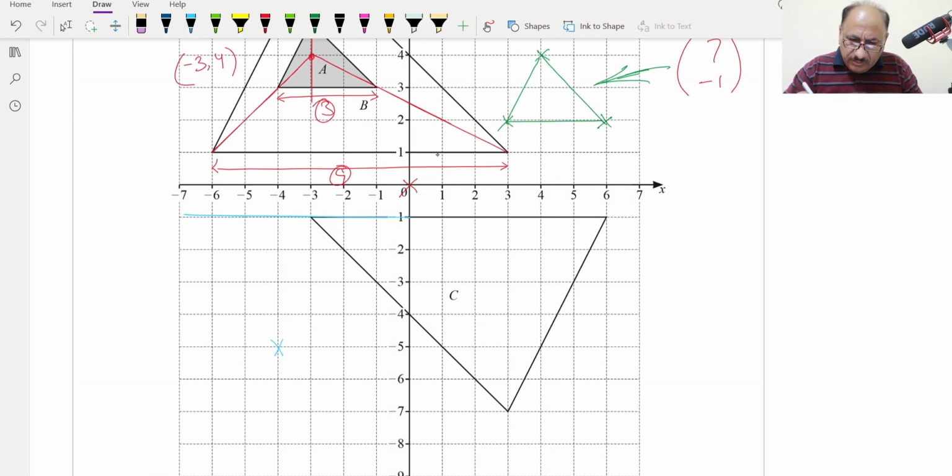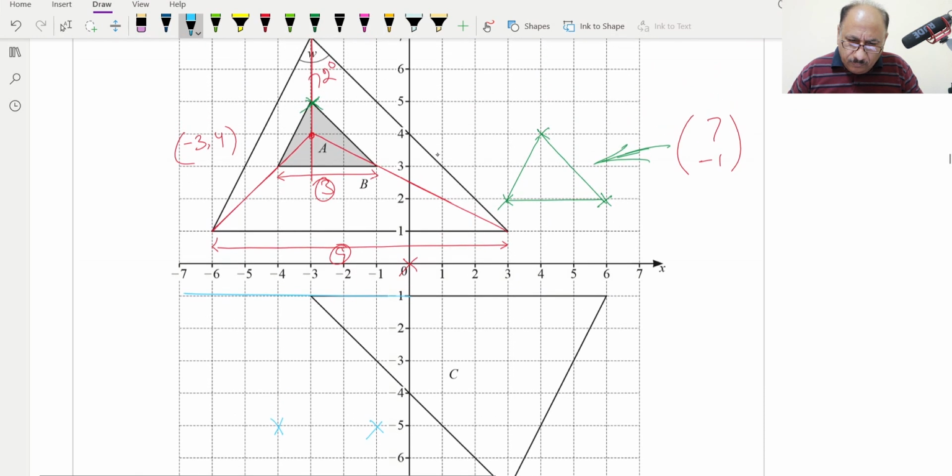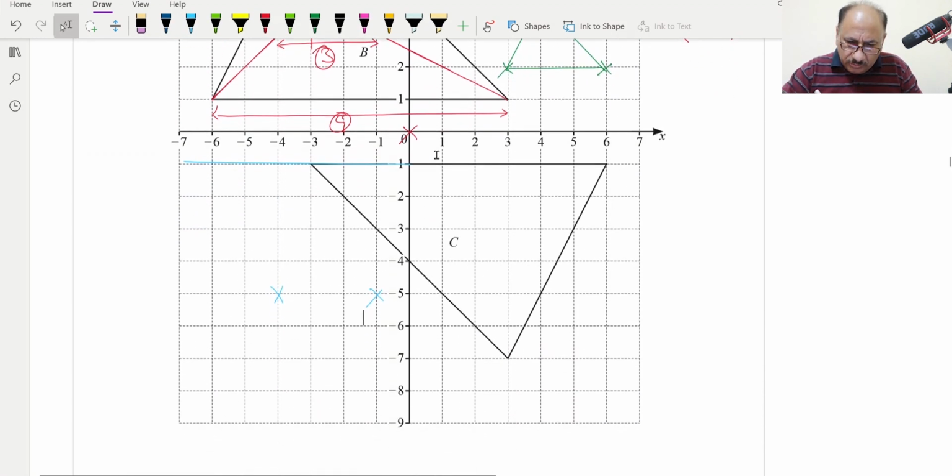Similarly, other points will also be switched like this one, and the upper point will be 1, 2, 3, 4, 5, 6 units from the line, so it will be over here. Now this is done, and we can draw this reflected shape over here. These are the 3 vertices which we have drawn.